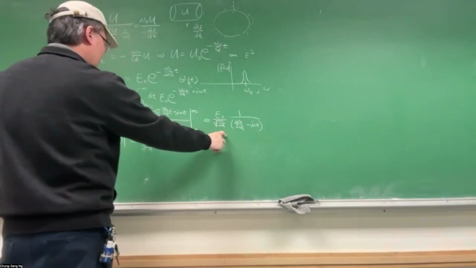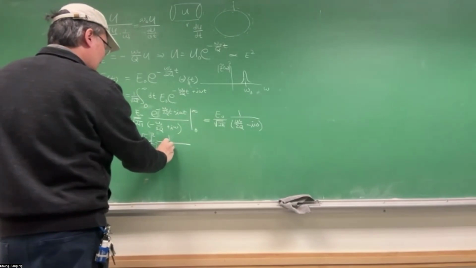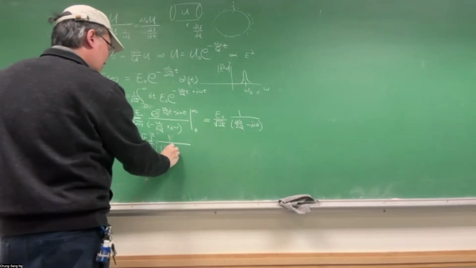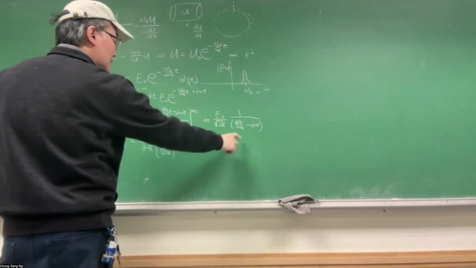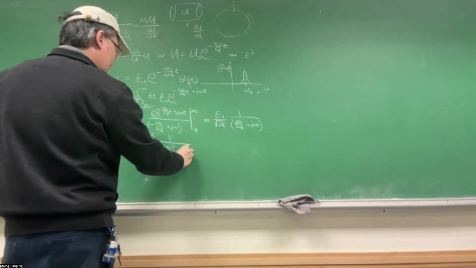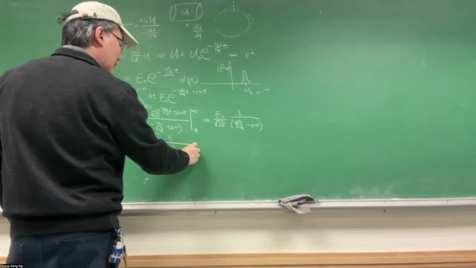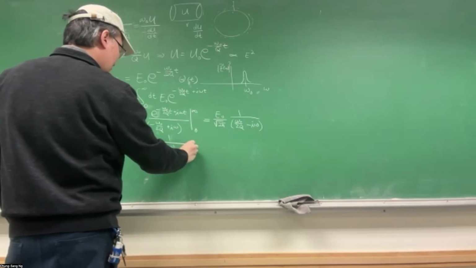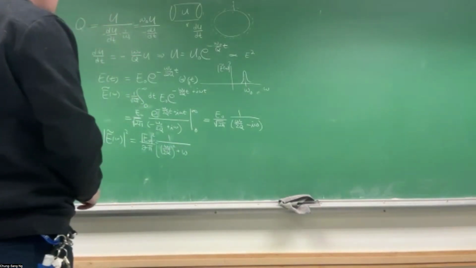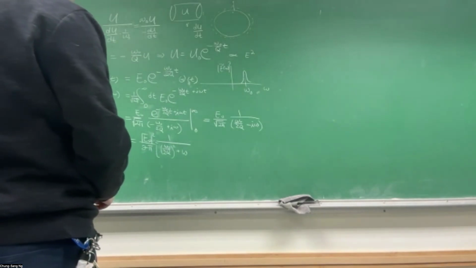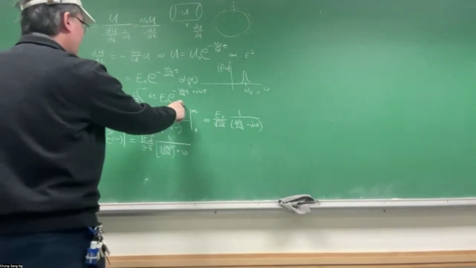The complex magnitude squared of the denominator is also straightforward. It's just the square of the real part plus the square of the imaginary part. Oh, I missed a term.